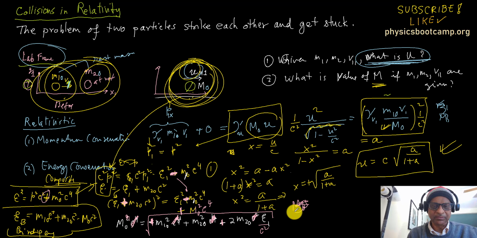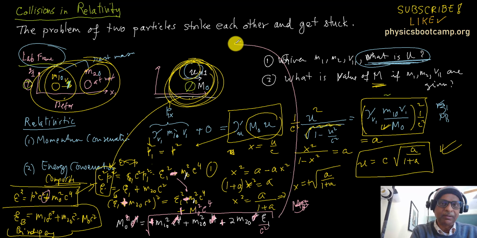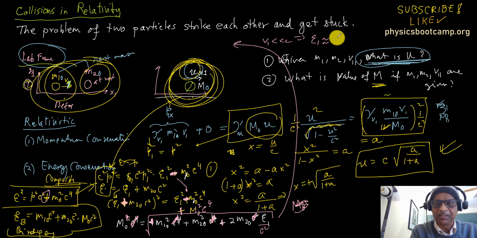If you go back and look at it, at small speed it should become non-relativistic. So you can just check: when v1 is much less than the speed of light, then E1 over C squared is just m1, or m10.